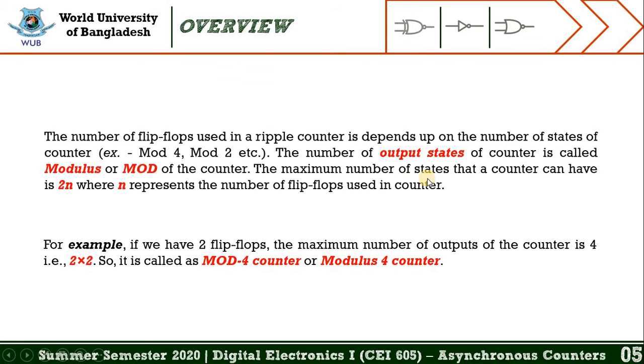The maximum number of states that a counter can have is 2^n, where small n represents the number of flip-flops used in the counter. For example, if we have 2 flip-flops, the maximum number of outputs of the counter is 4, which means 2 squared. So it is called a mod 4 counter or modulus 4 counter.